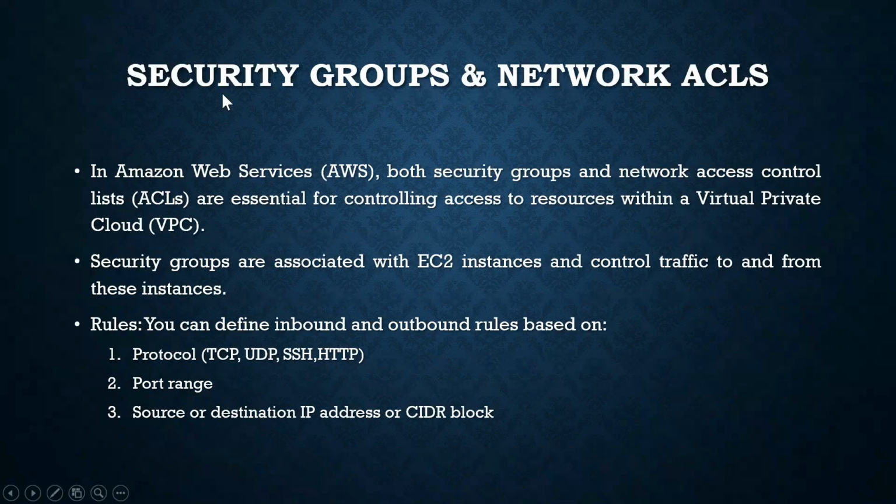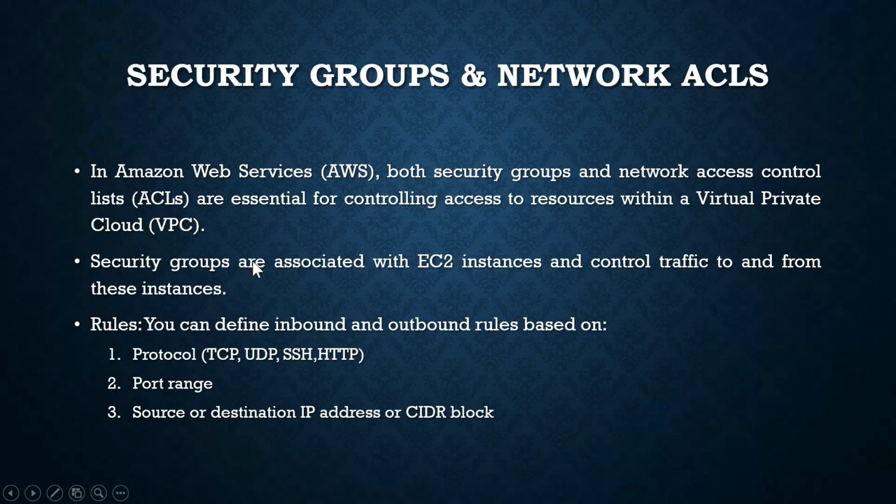Now let's see what are security groups and the network access control list. In AWS, both security groups and network access control lists are essential for controlling access to the resources within a virtual private cloud. Security groups are associated with an EC2 instance and control traffic to and from this instance.